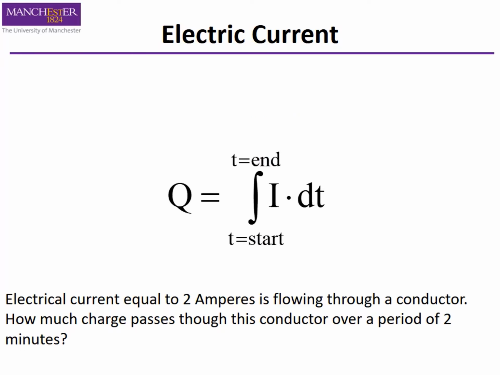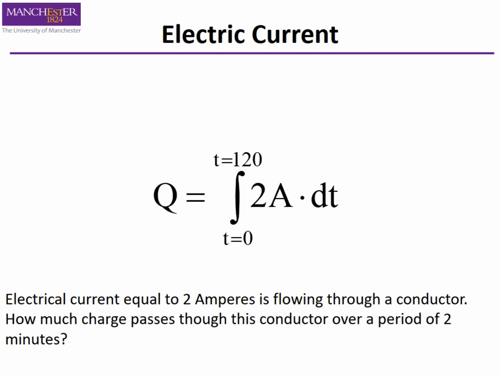So I is the current, and we integrate the current over time from t equal to start up to t equal to end. So let's say the start is t equal to 0 and the end is t equal to 120 seconds. So we use SI units for time. And the current is 2 amps. It is constant. It is not changing with time. It's time independent, time invariant.